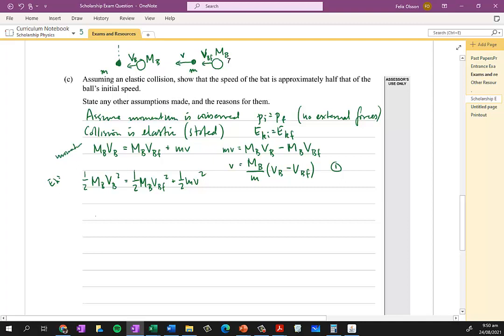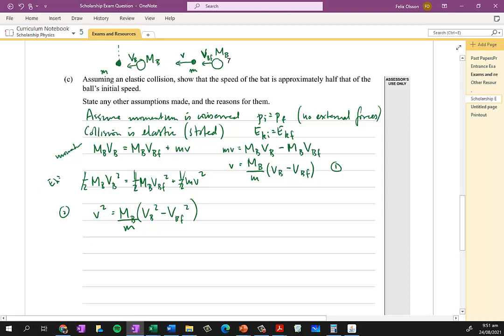We can get rid of the half straight away because it's in every term. So we end up with m v squared equal to M bat times V bat squared minus V bat final squared. I'm just going to do this in one line, keeping the v and dividing by m. We can call that 2.